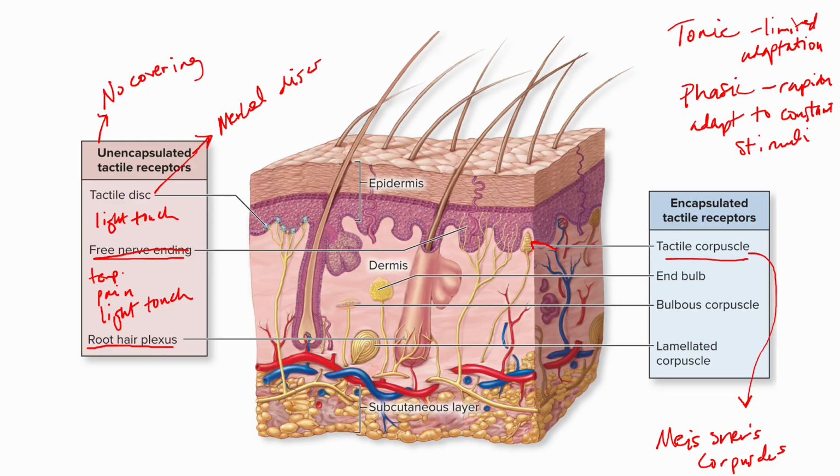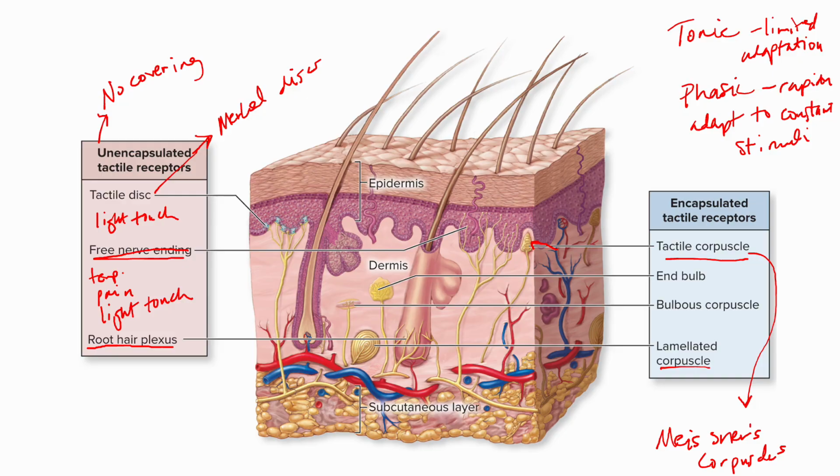Now let's look at the lamellated corpuscles. Based on where they're located, these are going to be important in coarse or deep pressure. They're located in the reticular layer.